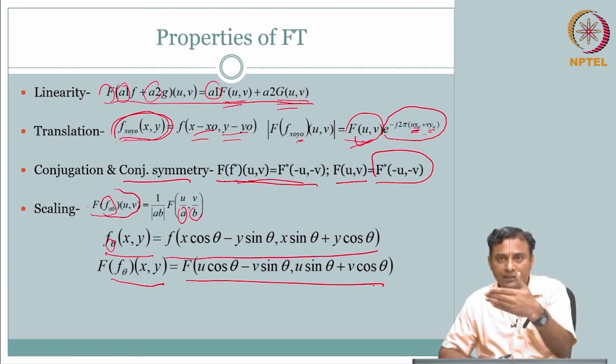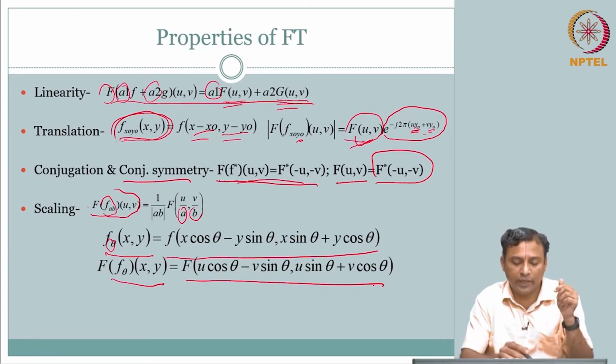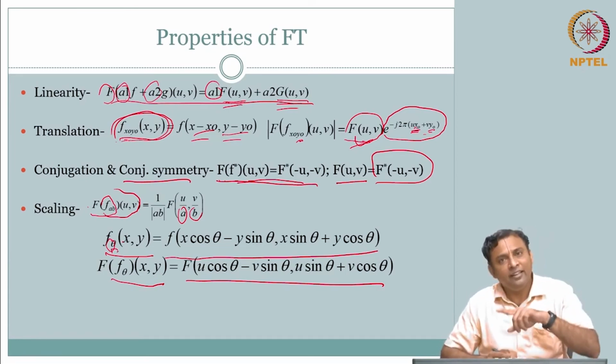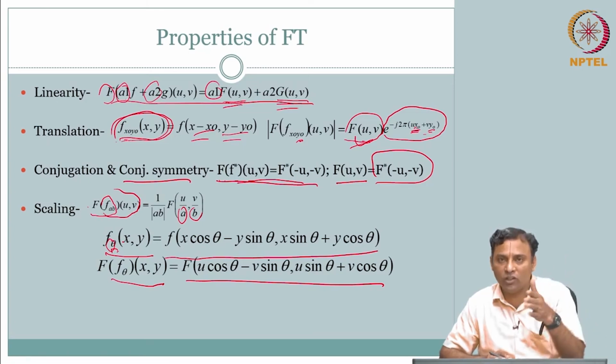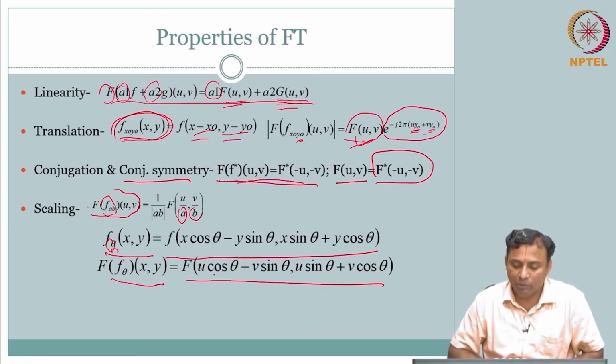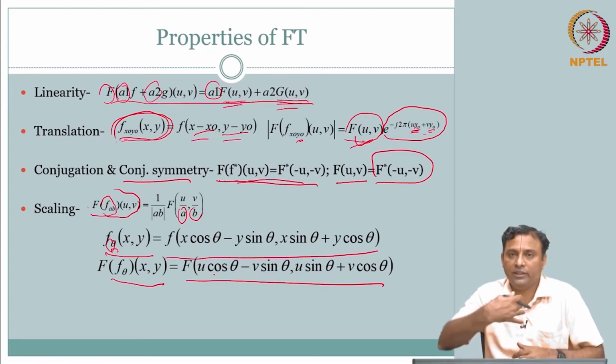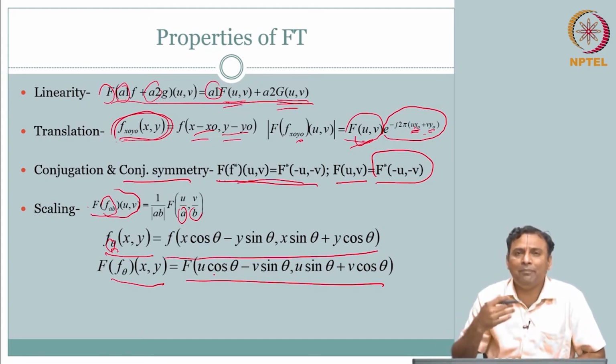If you rotate the signal at angle theta, then the original spectrum capital F of u comma v is also rotated by the same amount theta. So, essentially, it makes some sense.